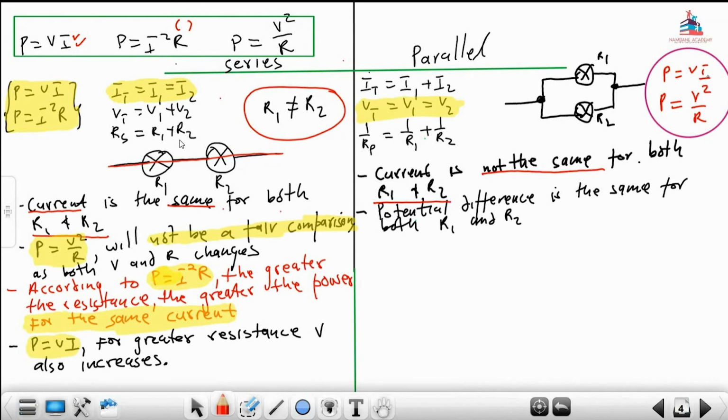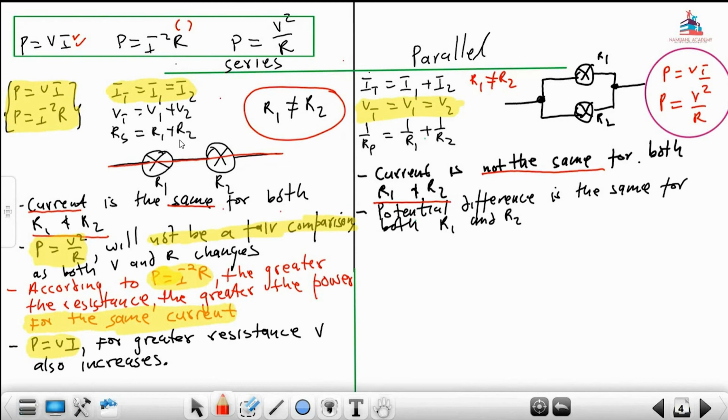The only thing that is changing now is the current, because we agreed that R1 is not equals to R2. But let's look at P is equals to V squared over R. What does this say now? It says V is the same for V1 and V2, but R is now what is changing.